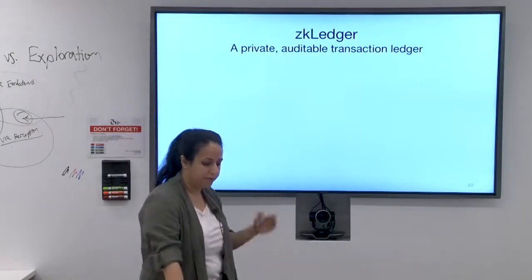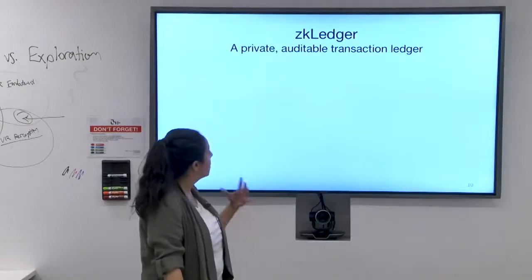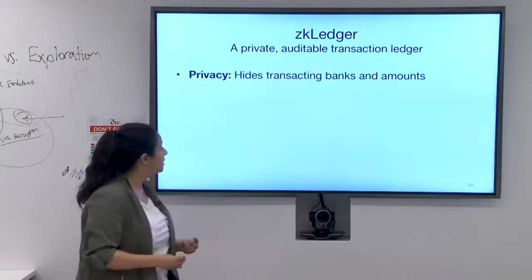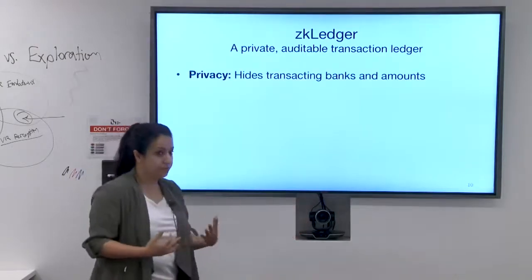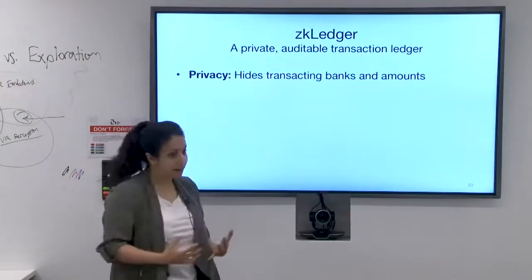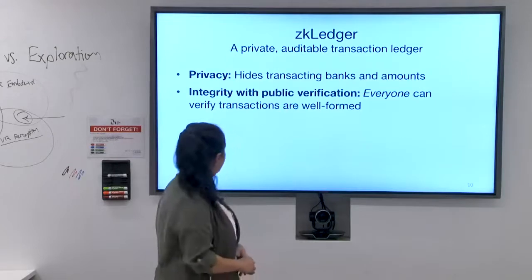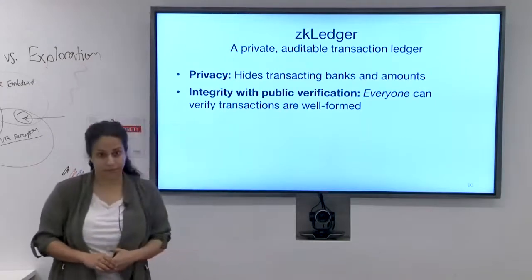So this talk presents ZkLedger, a private auditable transaction ledger. The idea behind ZkLedger is, like other systems, we also hide the transacting banks and the amounts involved. We provide integrity with public verification.